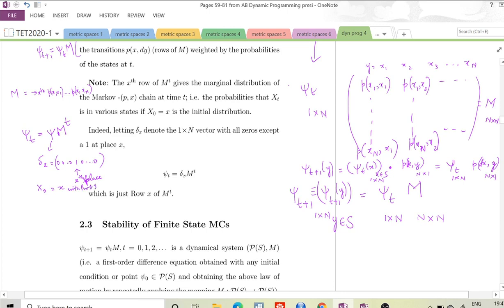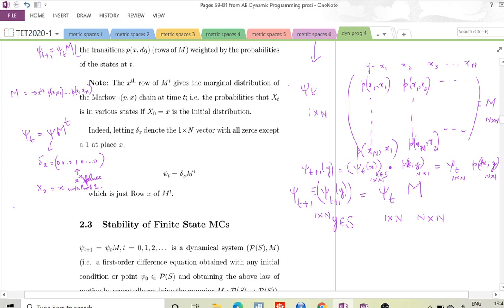Okay. So the initial state was not given by a mixed probability distribution. It was given by a distribution that was degenerate. You started in state x, right? So suppose that's the case, that the initial distribution is degenerate at the state x.